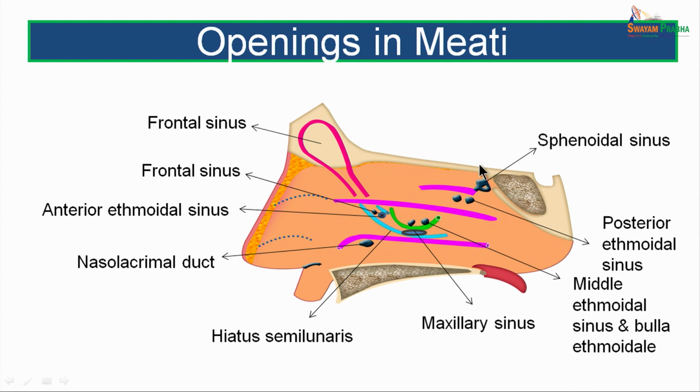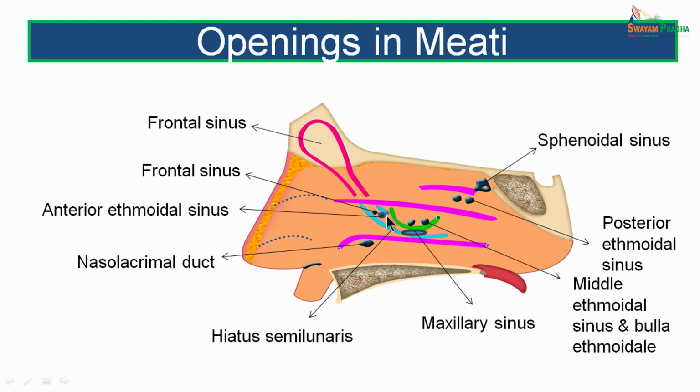In the sphenoethmoidal recess, there is one opening, that is of the sphenoidal air sinus. The superior meatus shows openings of the posterior ethmoidal air sinuses. The middle meatus, which is the largest, shows opening of the middle ethmoidal air sinuses on the bulla ethmoidalis. Below the bulla, we see the hiatus semilunaris.